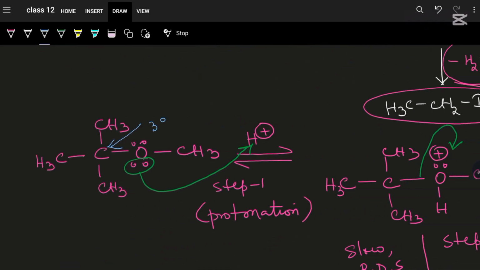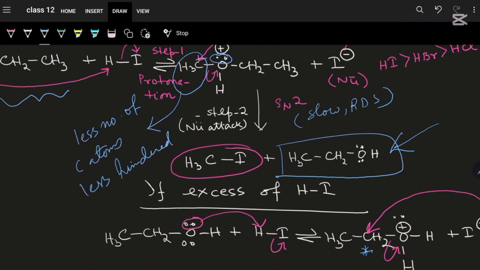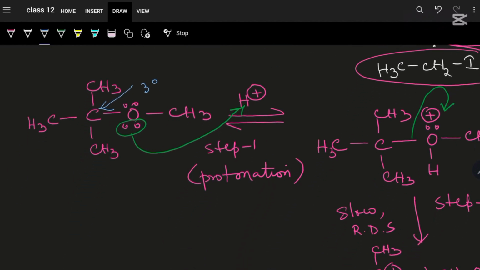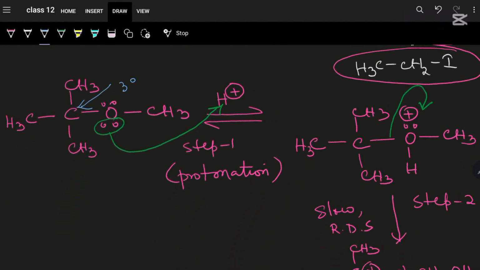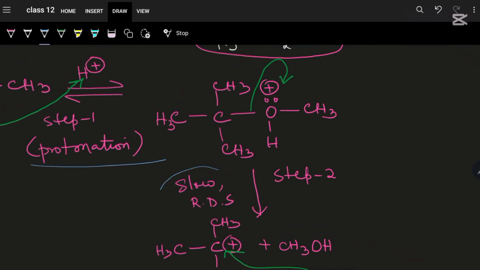Next, if I have a 3 degree carbon on the side attached to oxygen, one side is 3 degree, then the reaction pathway changes. It is no more SN2 type, because for a 3 degree carbon SN2 will be more sterically hindered. So the first step will be protonation, followed by step 2, which is the slow RDS, carbocation formation.